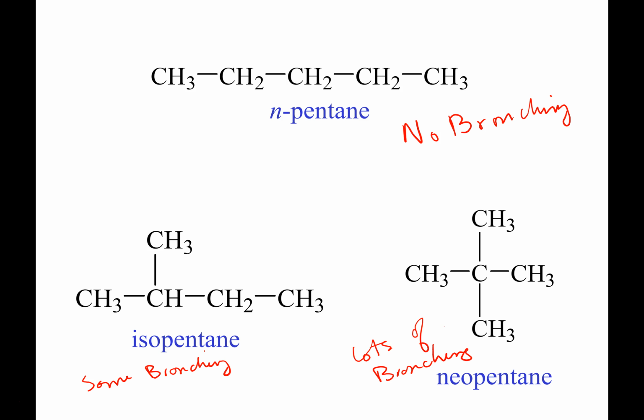And basically, how do I say this? I'll call it least branching. The least amount of branching is going to be your N-type anything, the long thing. Least amount of branching means that it's more polarizable.